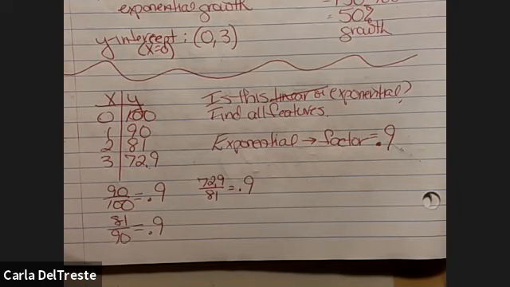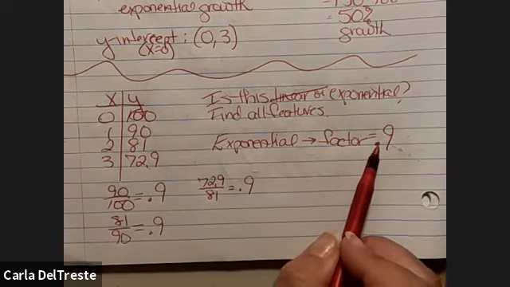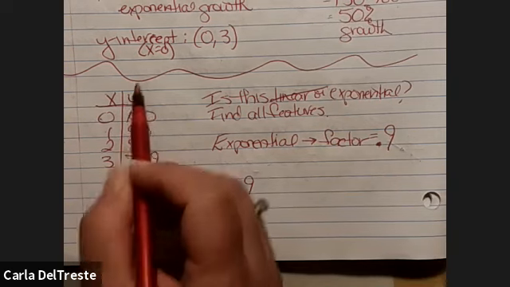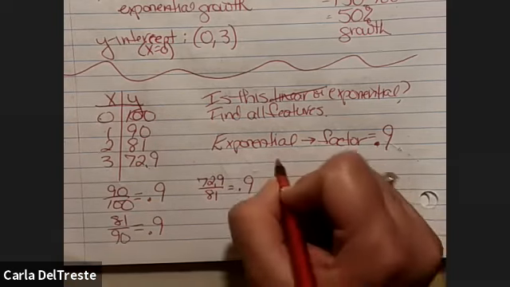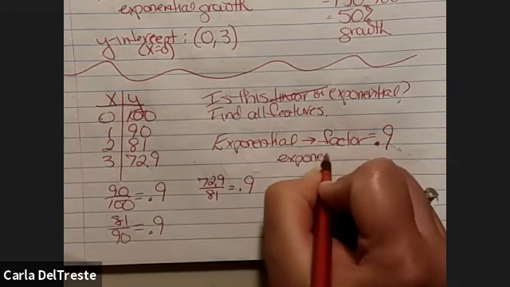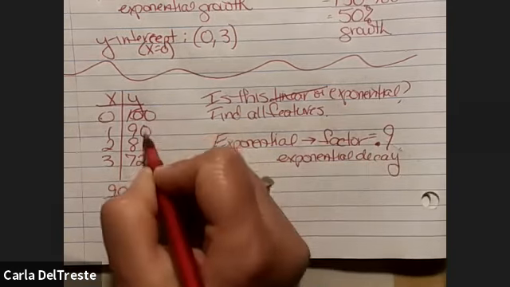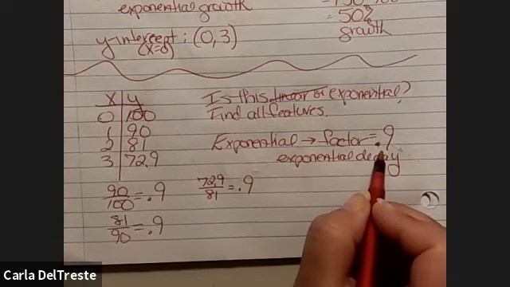My factor is that number, it's 0.9. Both this and the pattern that I'm spotting in the table tells me this is decreasing. So this is exponential decay. Remember, all those things have to mesh. If you notice a decreasing pattern, I should have a factor that's between 0 and 1.